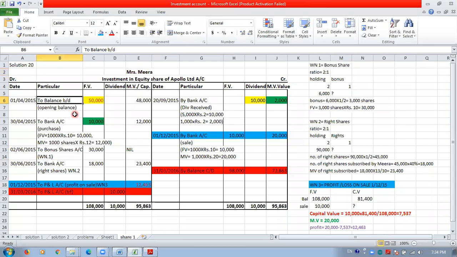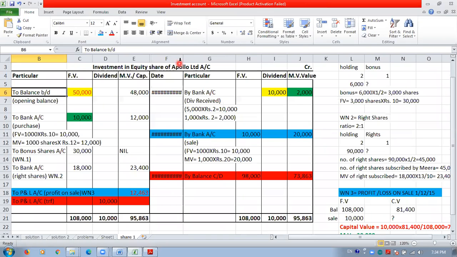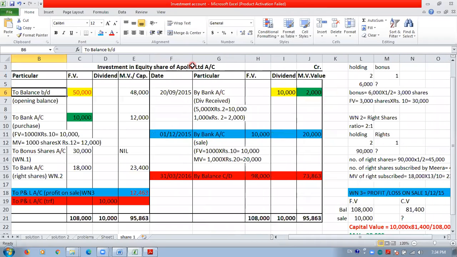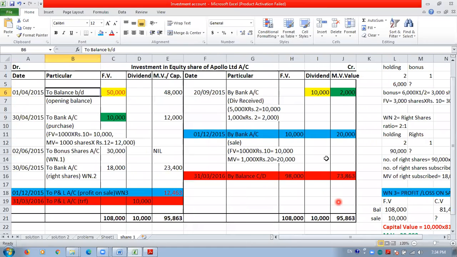It is 1st April 2015, opening balance is there, and we will make this a little bigger so the picture will be clear. Okay, so here the opening balance is 5,000 equity shares of 10 each.